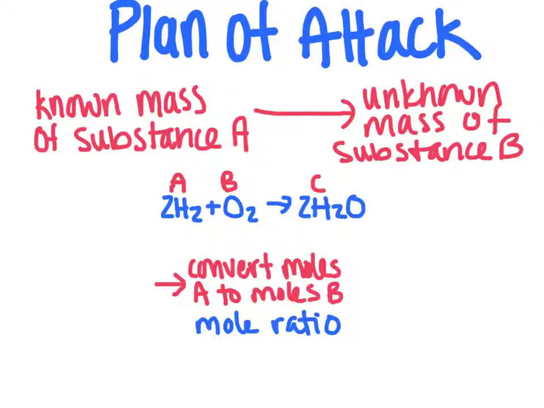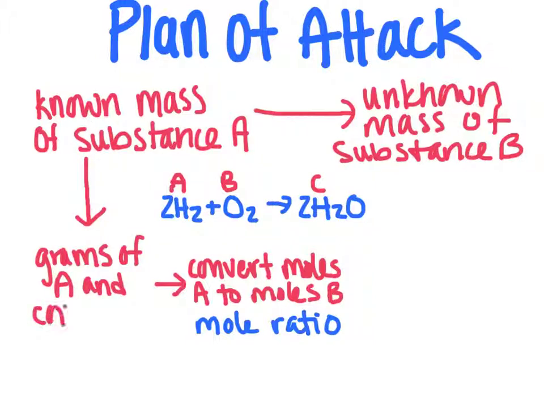So we have to actually get some value before that and convert it into moles. So we cannot measure moles, but what we can do is we can take grams of A and we can convert, which just means change, into moles of A. Okay, and again, A is just a substance. It's whatever substance it is that you want to deal with.